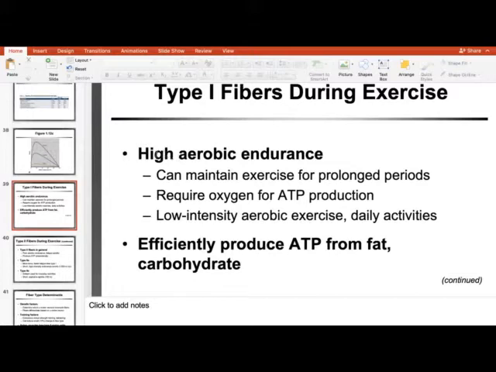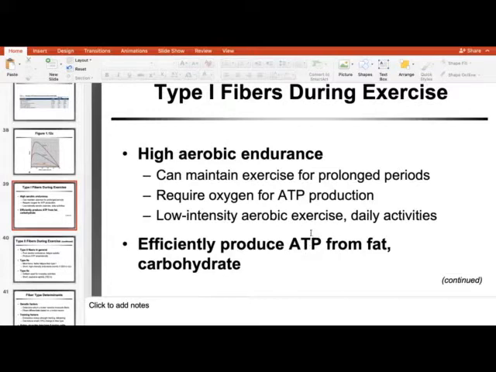Now, because type 1 muscle fiber types are going to utilize oxygen more so than type 2 muscle fiber types, they're going to get energy differently. Type 2 muscle fiber types are going to get energy typically from either the phosphagen system or from fast glycolysis. And neither one of those are going to utilize carbohydrate to the extent that a type 1 muscle fiber type would use.